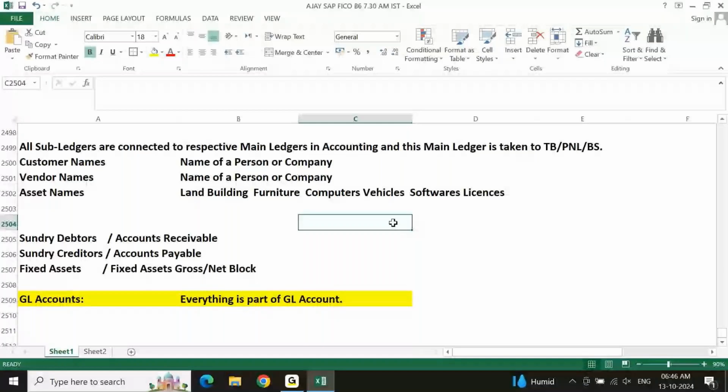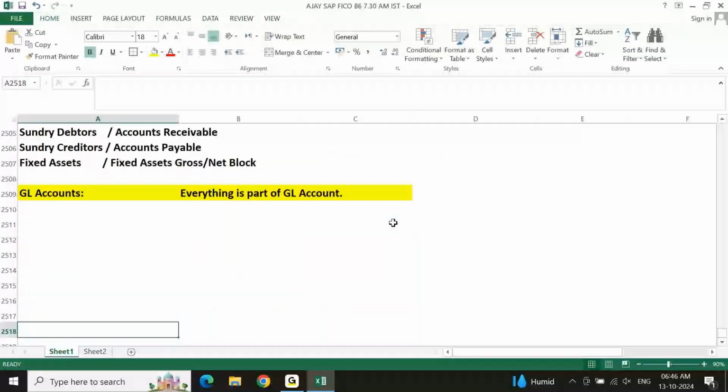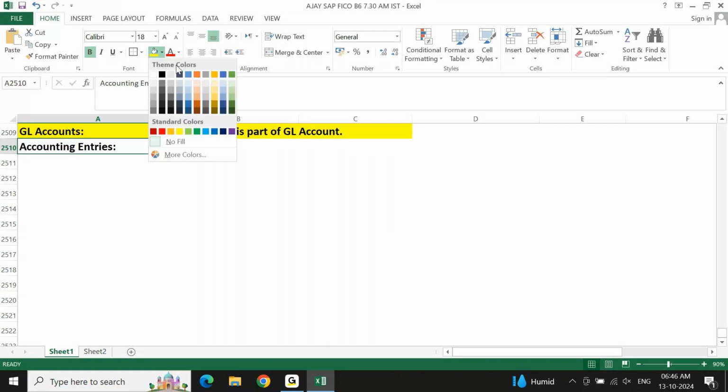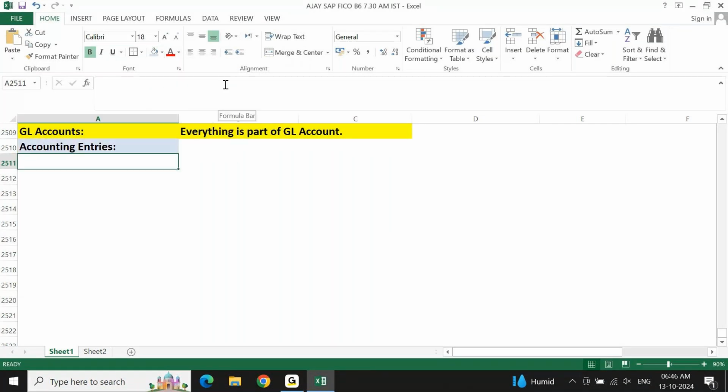Now we were talking about, let me put some basic accounting entries. First one, rent paid by cash for 2,500. What will be the accounting entry for it?